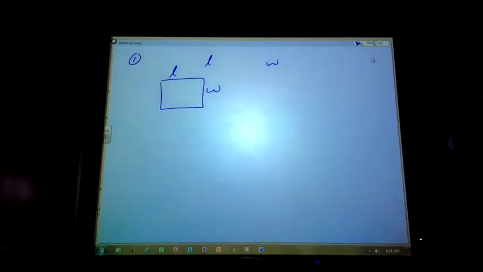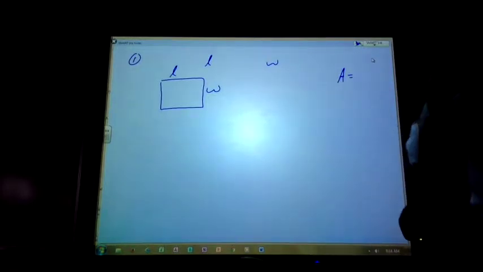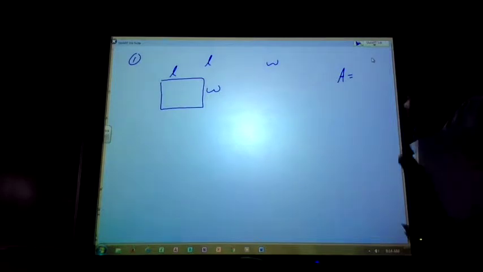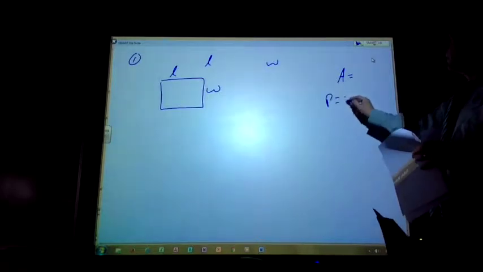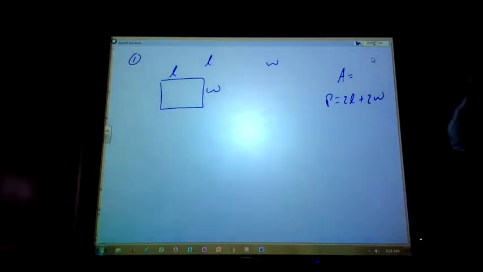Anytime I'm talking about a rectangle, I think it would be a good thing to write down the area equation. Tristan, what's the area of a rectangle in relation with length and width? 2L plus 2W. I agree with that with perimeter. What's the area one, though? Yeah, length times width. L times W. Okay.